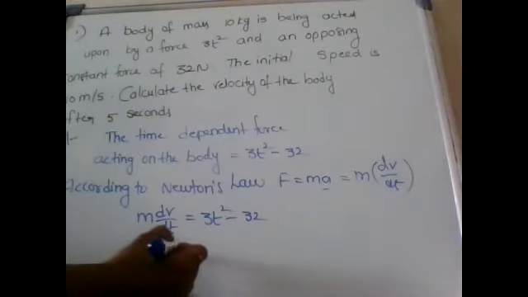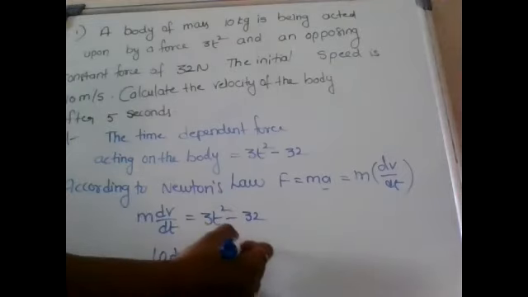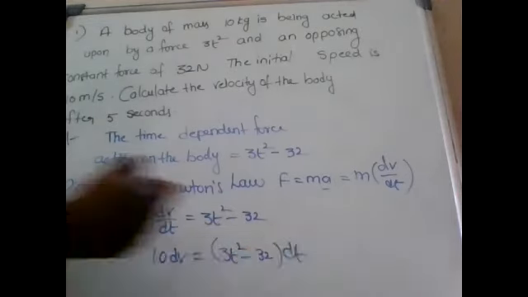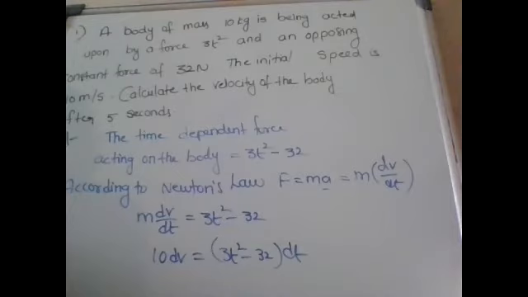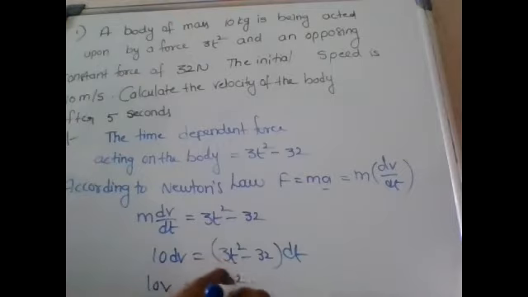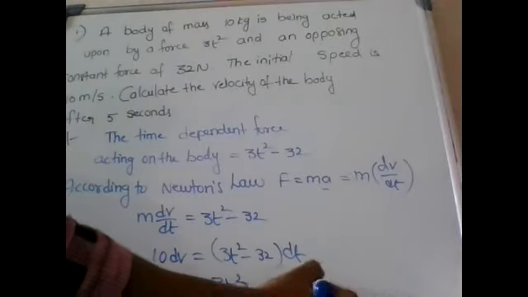So here 10 into dv equal to 3t square minus 32 into dt. Next, on integration we get 10v equal to 3t cube by 3 minus 32t plus a constant c1.